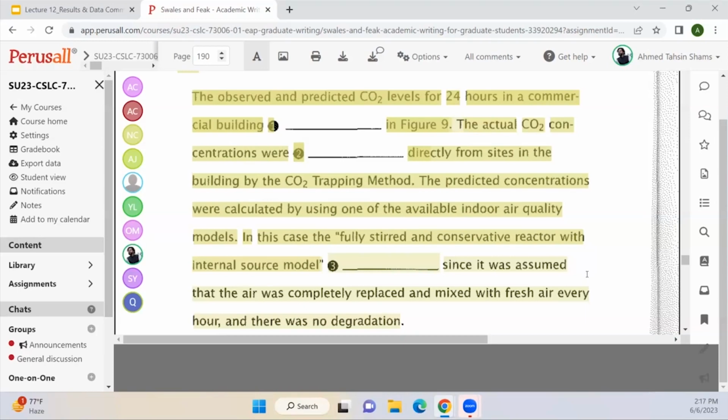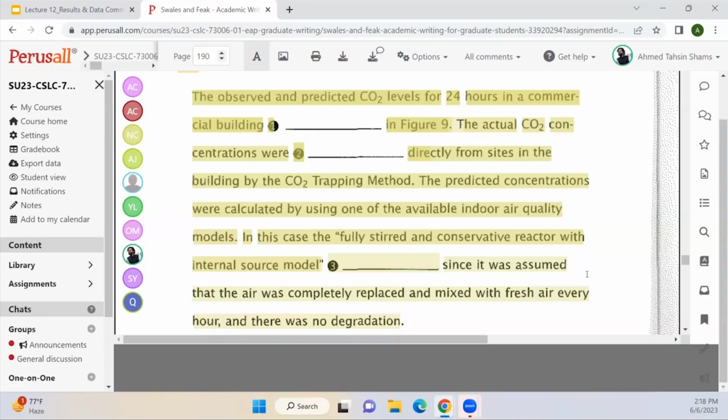Anything else? Go ahead. Measured. Yeah. Also, I mean, obtained also, but measured would be very accurate. The actual carbon dioxide concentrations were measured directly from sites. So we see past simple, passive, plural.